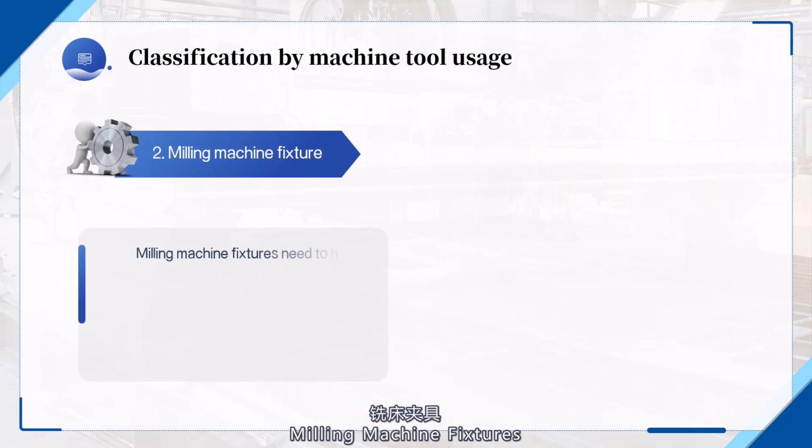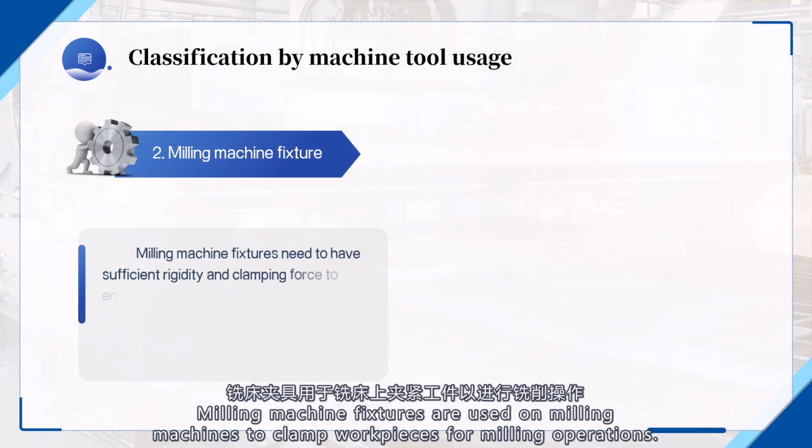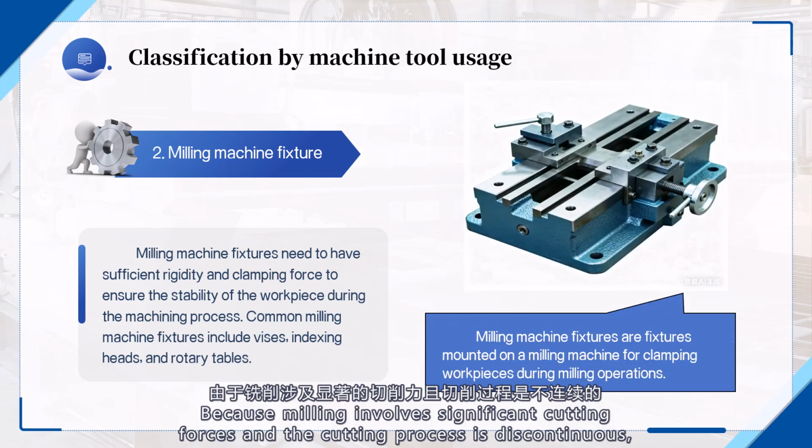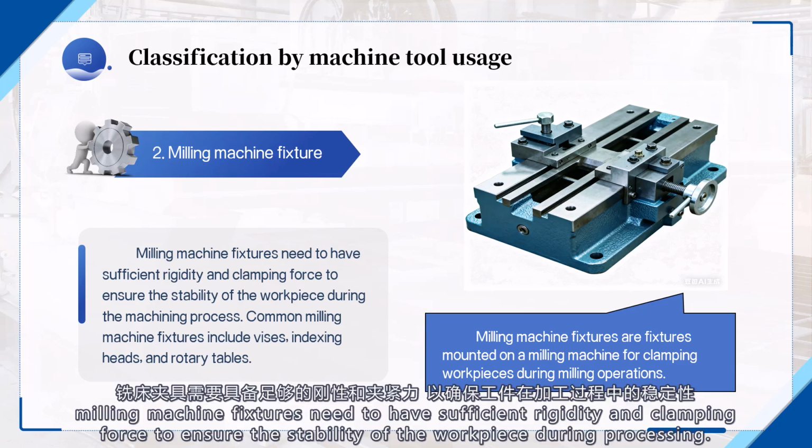Milling machine fixtures. Milling machine fixtures are used on milling machines to clamp workpieces for milling operations. Because milling involves significant cutting forces and the cutting process is discontinuous, milling machine fixtures need to have sufficient rigidity and clamping force to ensure the stability of the workpiece during processing.